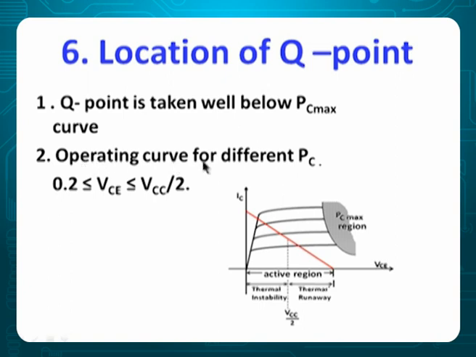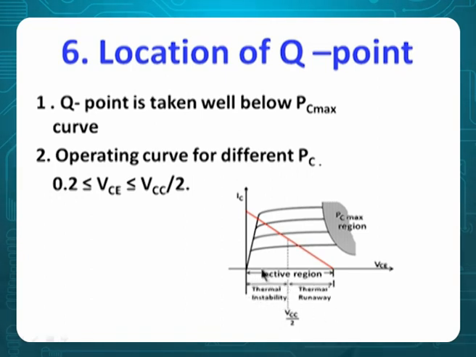Second point is the operating curve for different PC. How to take the operating values? Take 0.2 to VC by 2. What I mean is, you must avoid thermal runaway. If you take from 0.2, which is actually the active point, the active region starts actually from 0, but practically from 0.2 to VCC by 2, that is called the active region. Beyond that is thermal instability.